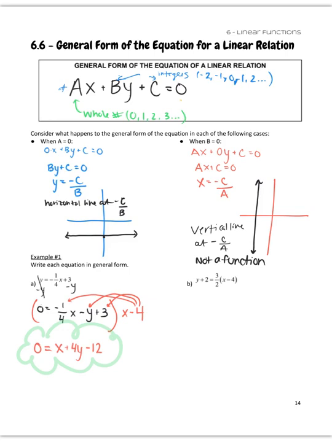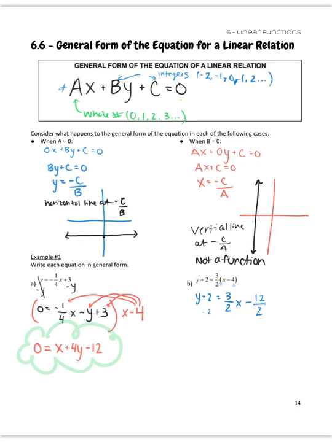So this will be our final answer here. Let's try it again. So y take away 2 equals 3 over 2x minus 4. What I'm going to do first is get rid of these brackets. So y minus 2 is equal to 3 over 2x minus 12 over 2, which is 6.